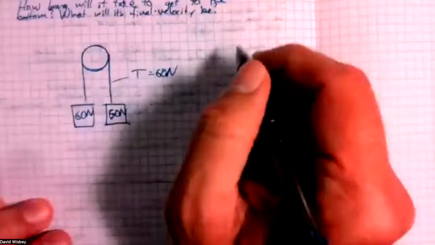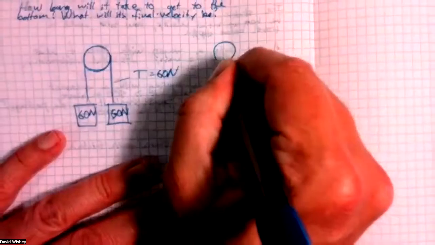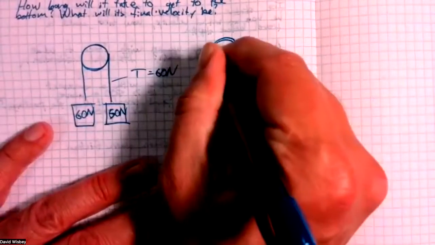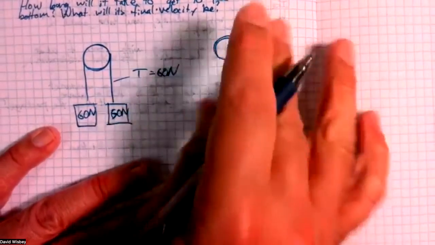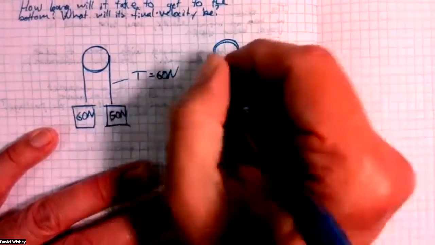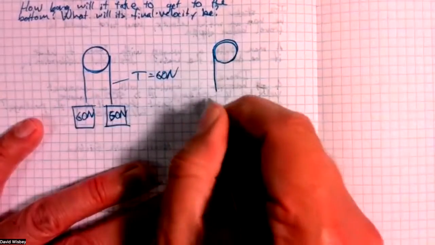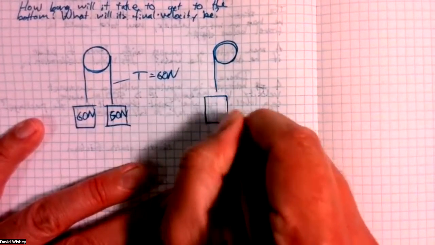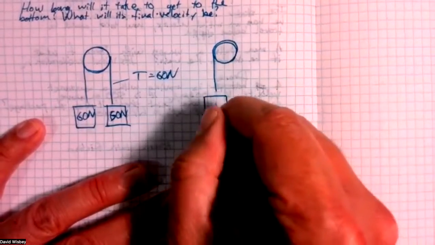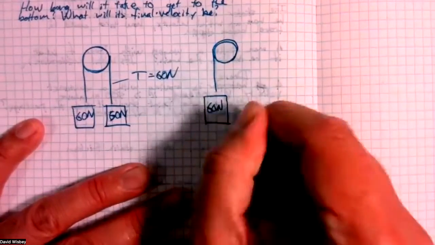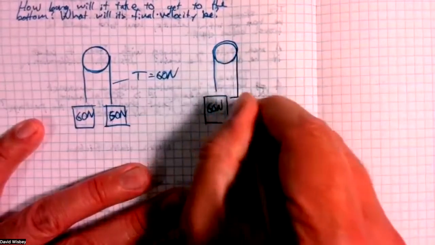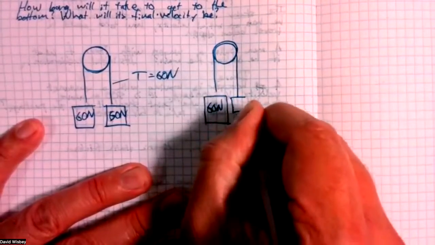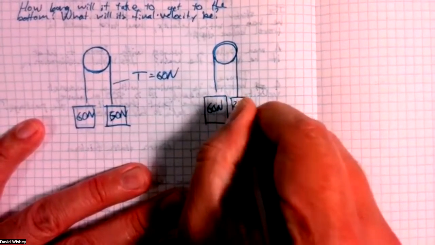All right, what if we have one mass over here? This is 60 newtons, and this is, let's say, 20 newtons.